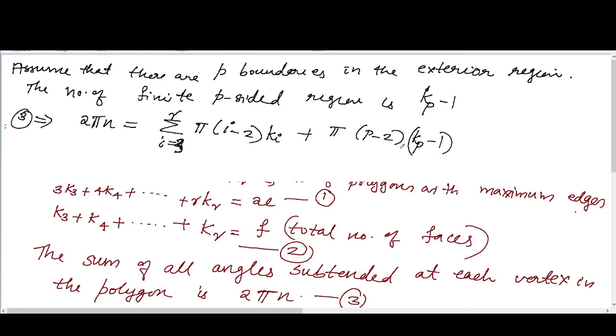That corresponds to, here we are assuming there are p boundaries in the exterior region. Then plus pi into p plus 2, that corresponds to our exterior region. Okay.